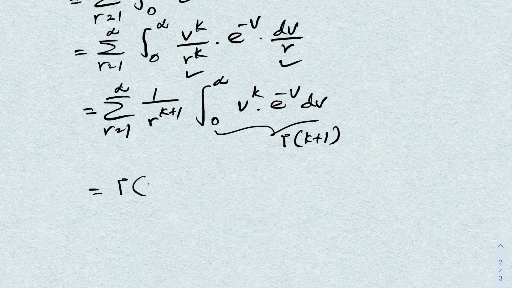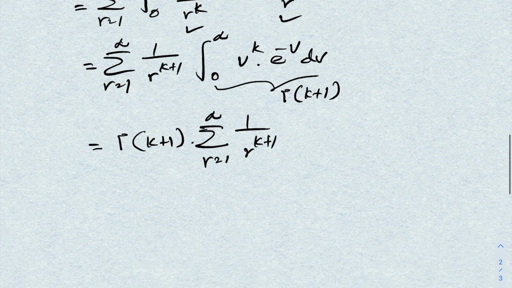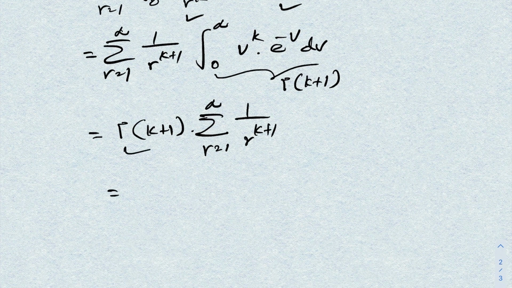So gamma of k plus 1 times the infinite sum r is equal 1 to infinity of 1 over r to the k plus 1. Now gamma of k plus 1 we know is k factorial, and this sum is the definition of the Riemann zeta function, zeta of k plus 1.